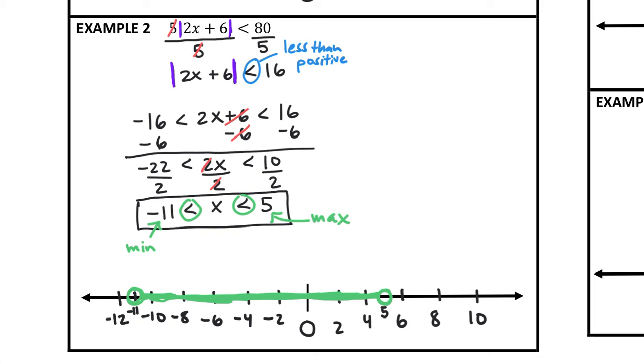Okay, so negative 11 is between negative 12 and negative 10, and 5 is in between 4 and 6. Right. Okay, so that's example number 2.